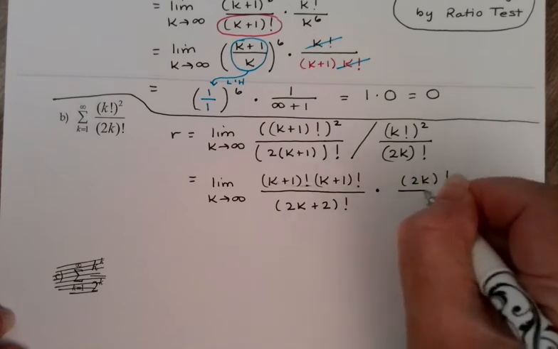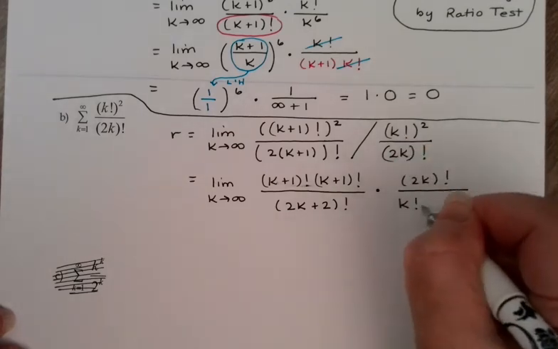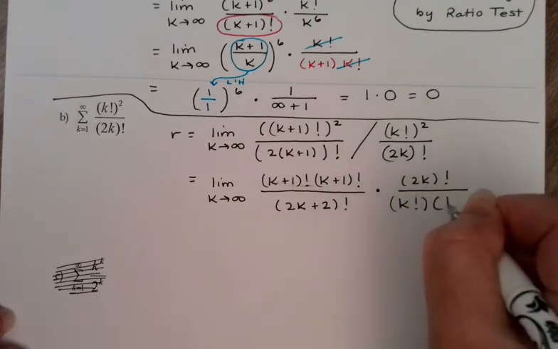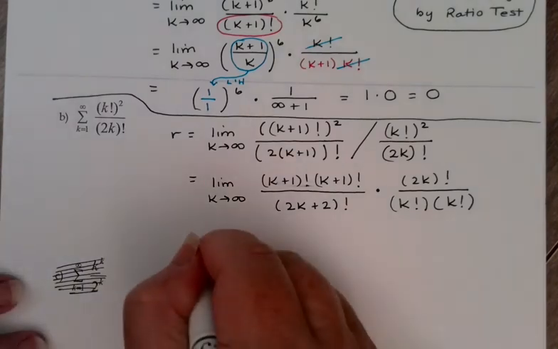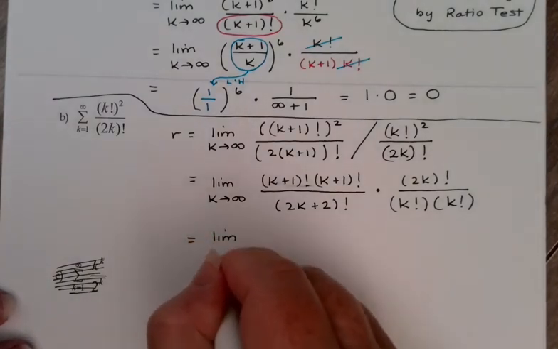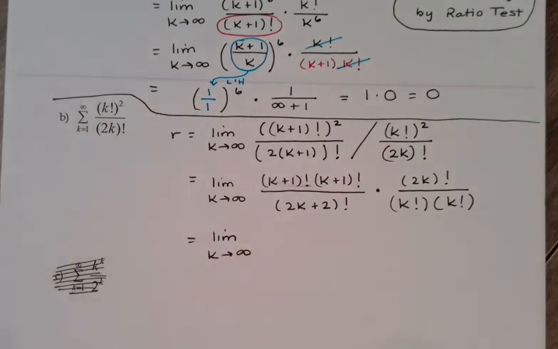2k factorial. And again, I'm going to write that as k factorial times itself for the square. All right, I'm going to use the same little trick that we did on the last problem.